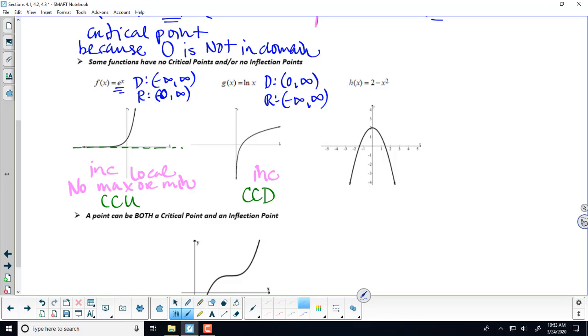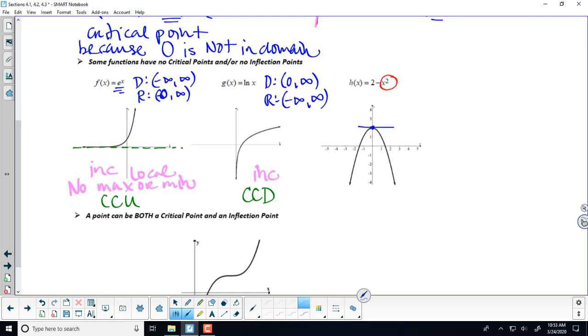But we have a good old parabola. X squared quadratic function will always have one critical point, which means it will have one local max or min, which occurs at the vertex. We've seen that a lot.